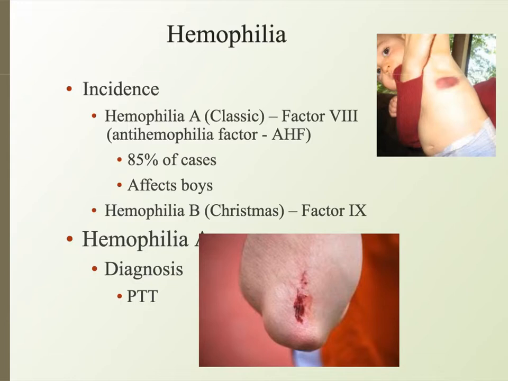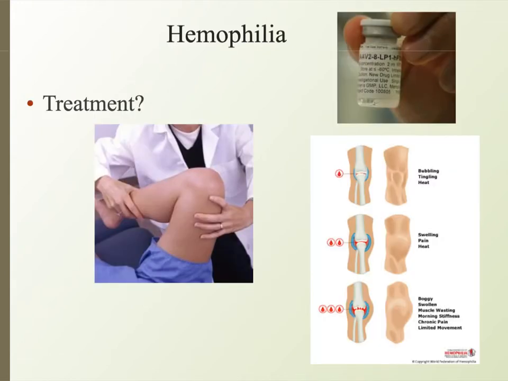So these kids, if not treated well and given the right types of treatments and assistance, can become crippled. Diagnosis is we're going to be looking for that prolonged bleeding time. So what kind of lab do you think we would be looking at? We'll answer that in class. So what do? Well, the big thing is we need to replace that clotting factor.